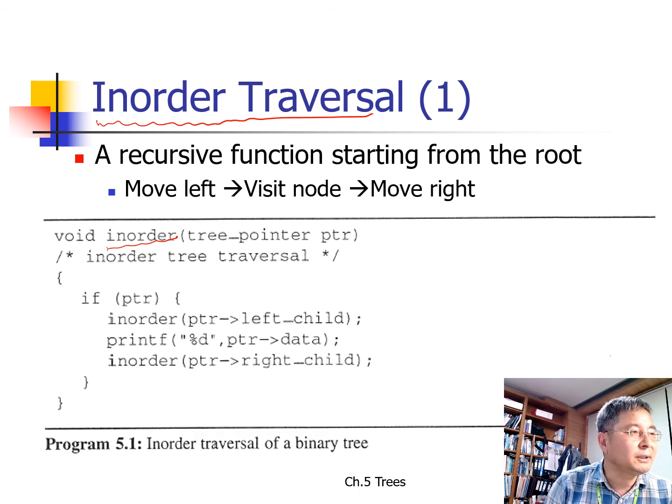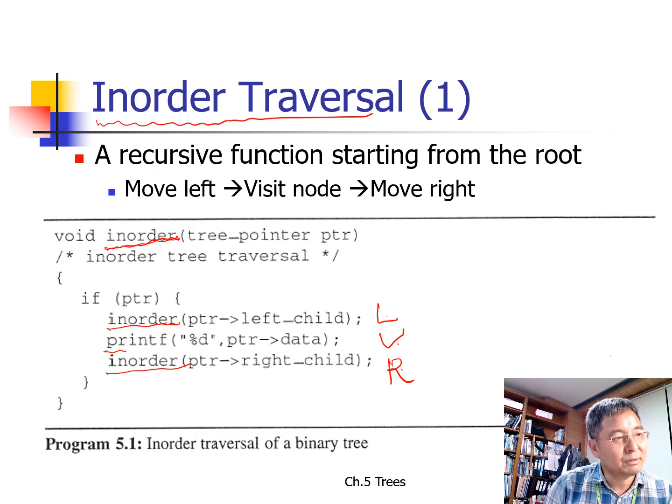So during this in-order function, in-order itself is used. But this call is for L, this is for V, this is for R. So the L, V, R sequence is kept in these implementations.